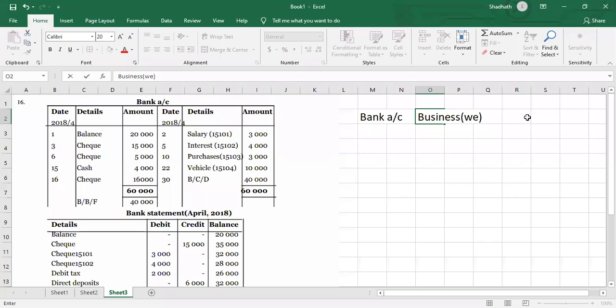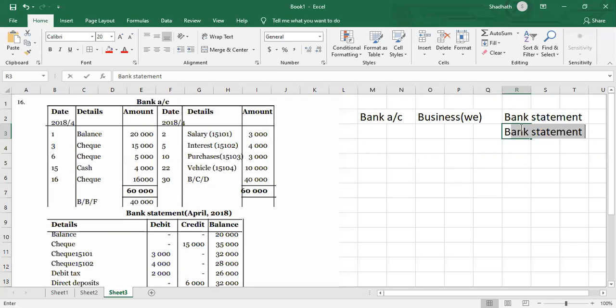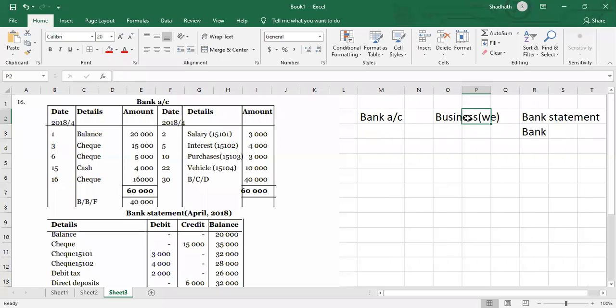A bank statement is prepared by the bank. This is very basic. You must know this point. The business prepares the bank account. The bank prepares the bank statement.